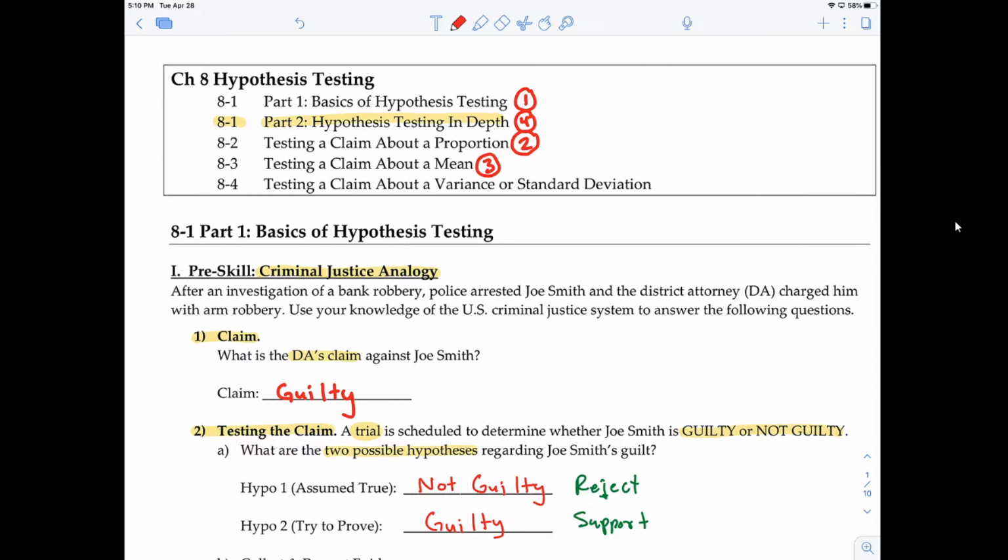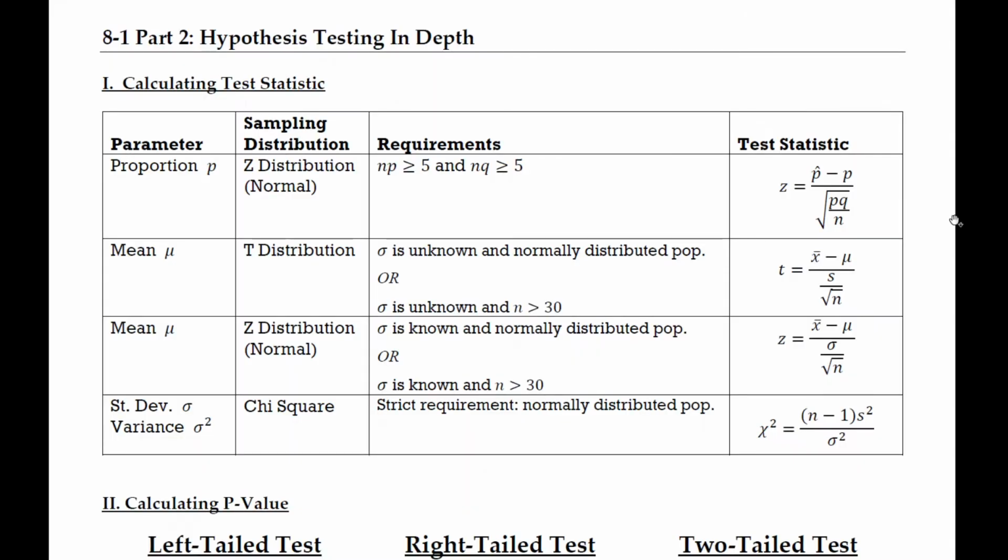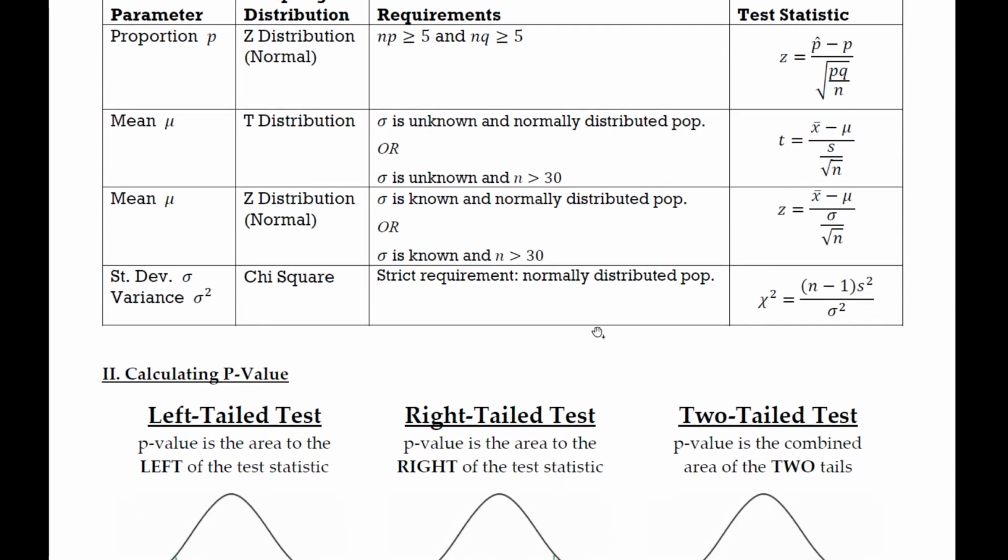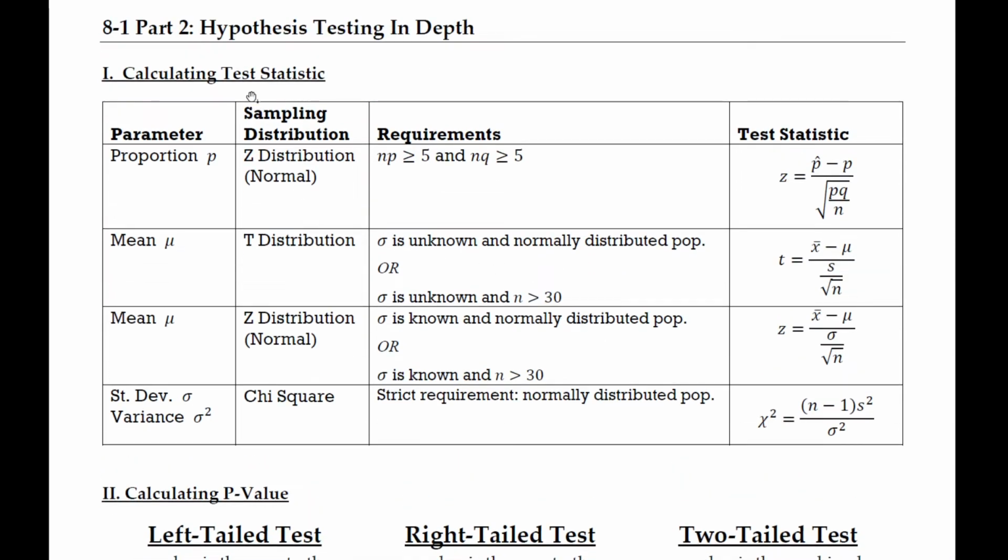In this video, if you're following along, look at this part of your notes, 8-1 Part 2 hypothesis testing. We're going to talk about calculating the test statistic without using the 1-PropZTest or the T-Test or the Z-Test.